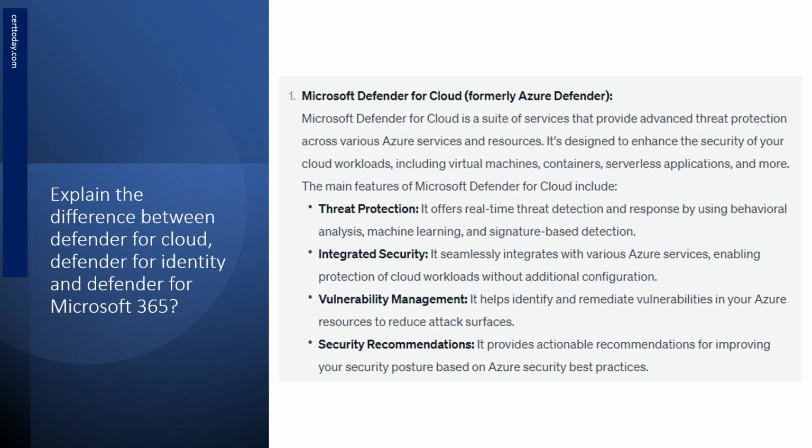It is a suite of services that provide advanced threat protection across various Azure services and resources. It's designed to enhance the security for your cloud workloads, including virtual machines, containers, serverless applications, and more. The main features include threat protection, integrated security, vulnerability management, and security recommendations.